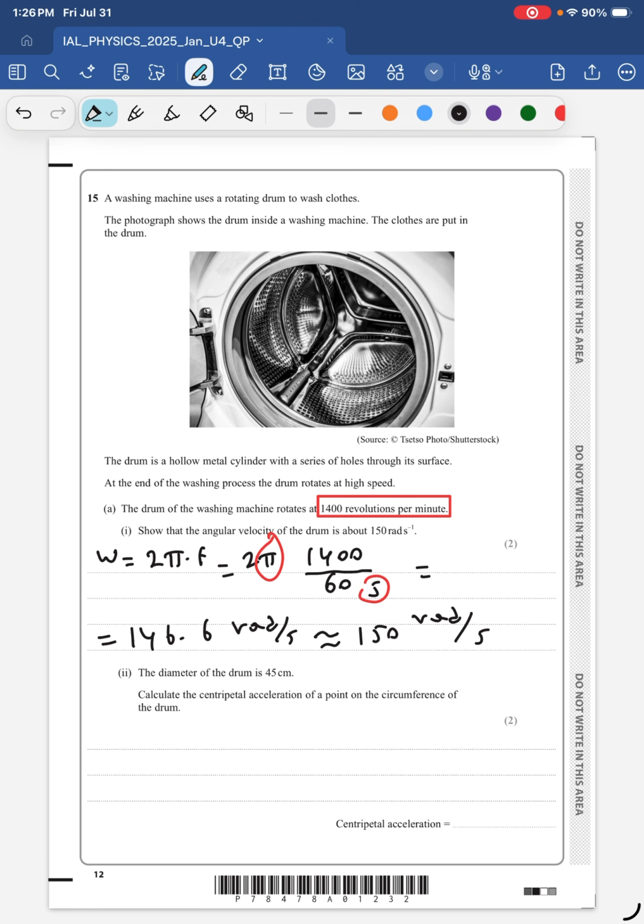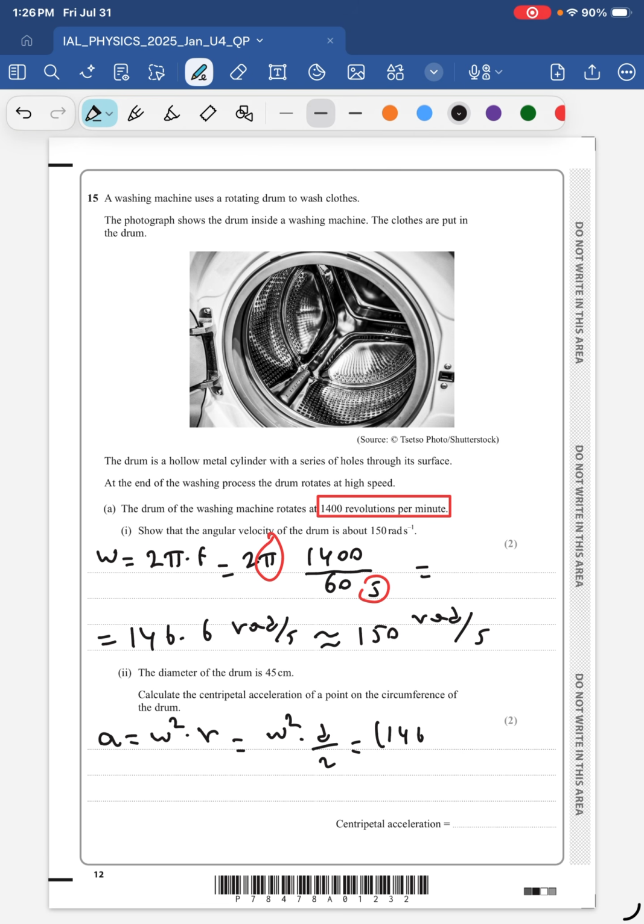Part 2. The diameter of the drum is 45 centimeters. Calculate the centripetal acceleration of a point on the circumference of the drum. The centripetal acceleration is omega squared times r. So that's omega squared times d over 2, because they give us the diameter.